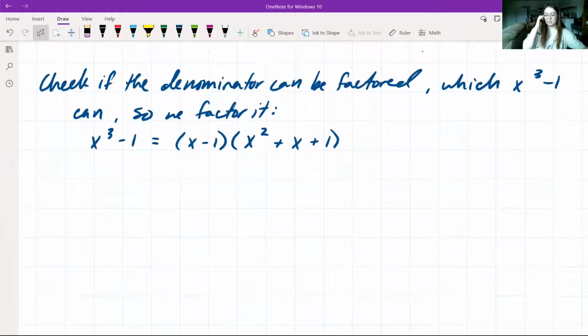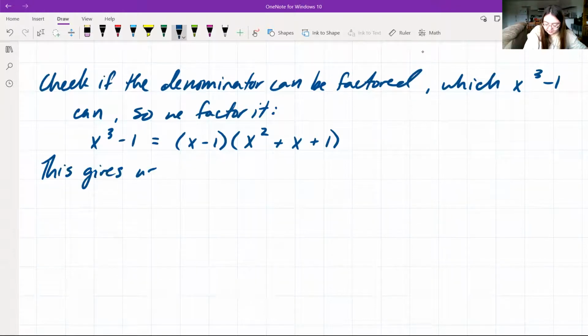So we can factor x to the power of 3 minus 1 into x minus 1 times x squared plus x plus 1. We factored our denominator into two separate terms.